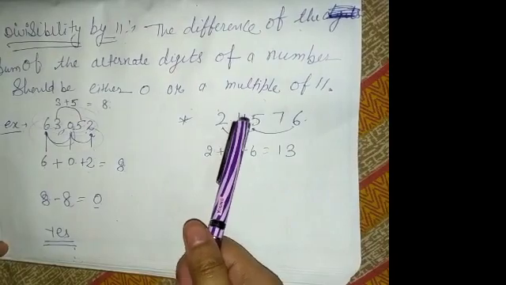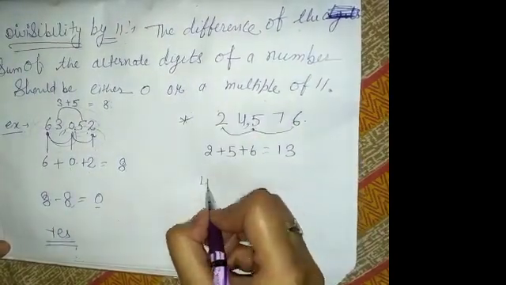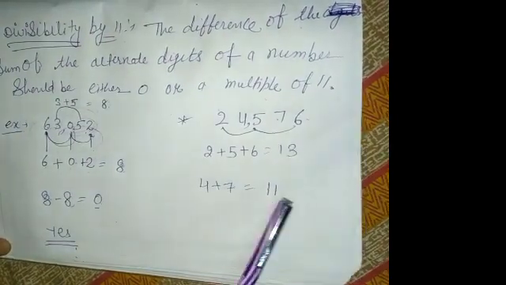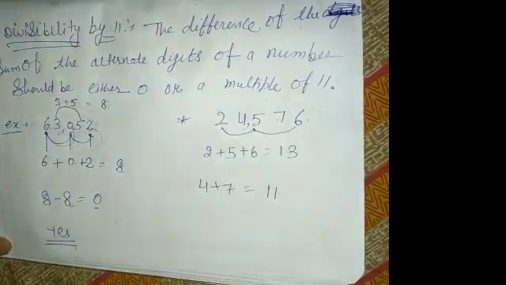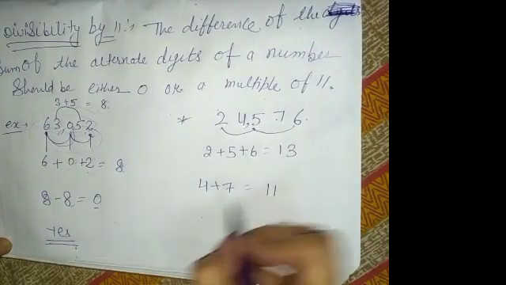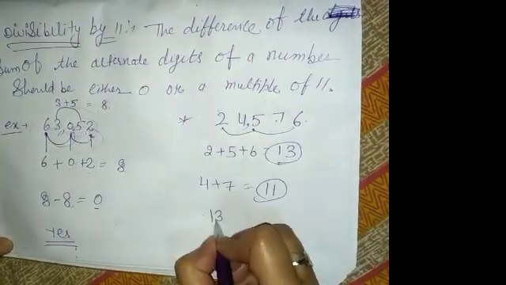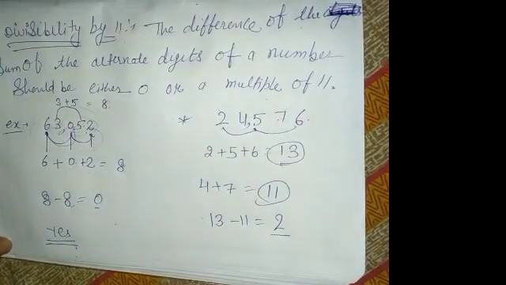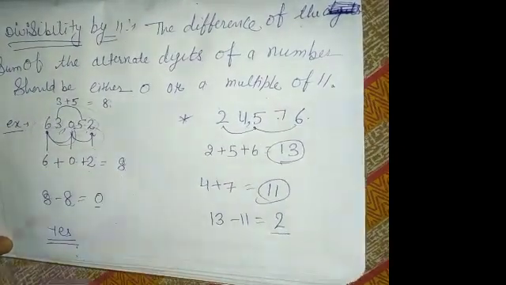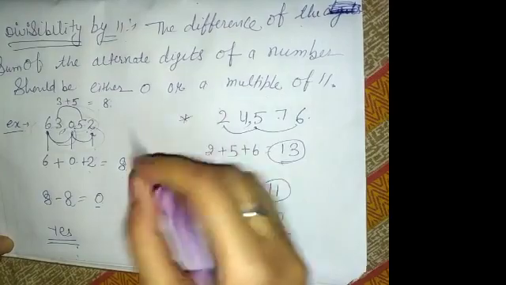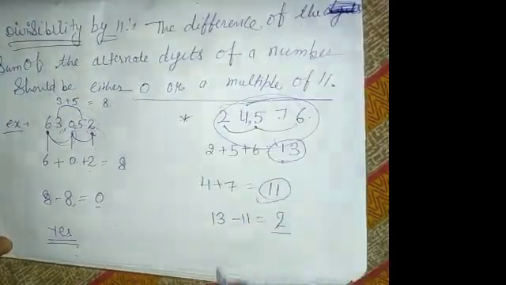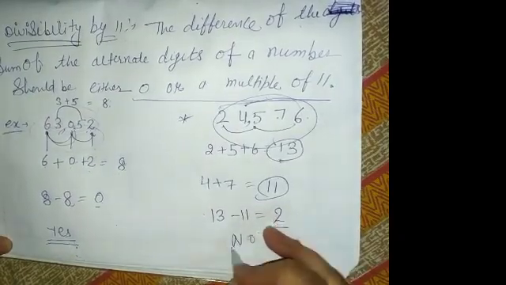Now next go for these digits. 4 plus 7. I got 11. Now difference. That means we have to subtract 13 and 11. 13 minus 11. I got 2, but 2 is not a multiple of 11. It should be either 0 or a multiple of 11. So we can say this number is not divisible by 11. So answer is no.